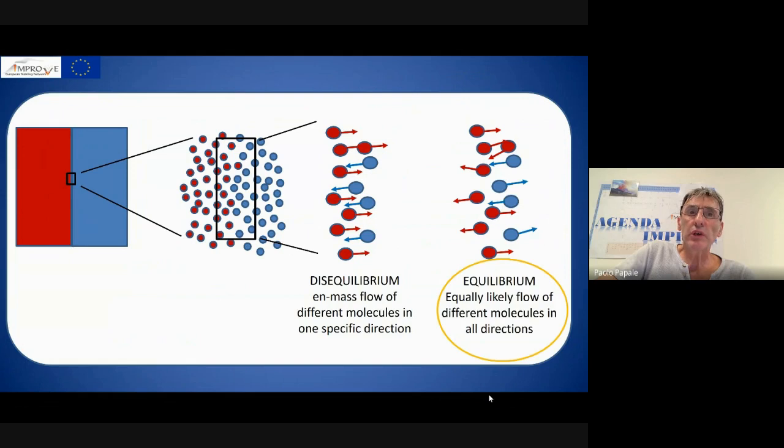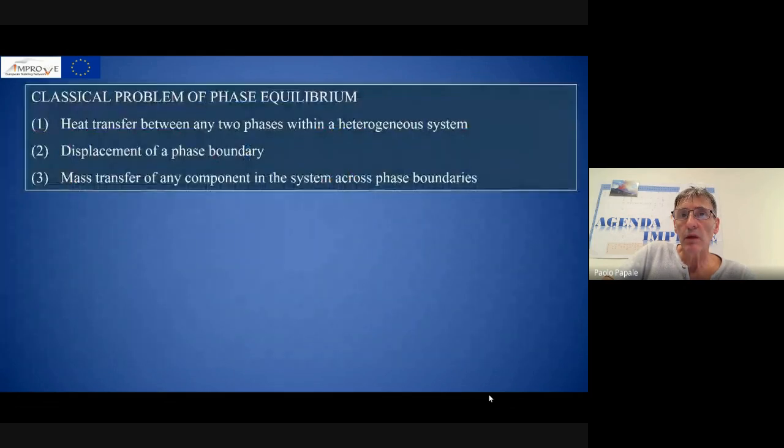A state of equilibrium is therefore defined in terms of changes in the system that are not macroscopically visible at equilibrium. What changes are we referring to? In principle, that's any possible change, such as those associated with transfer of heat, mass, or other forms of energy across phase boundaries.